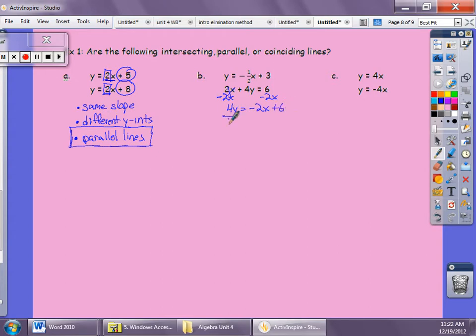Then we divide by 4. So y equals negative 1/2 x plus 1.5. Now we want to compare these two lines, so I'm just going to write this underneath it.